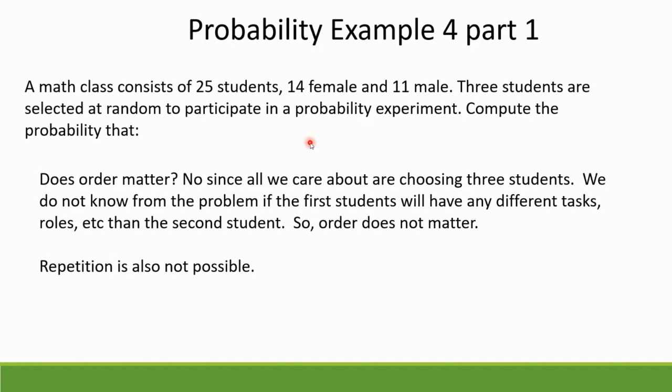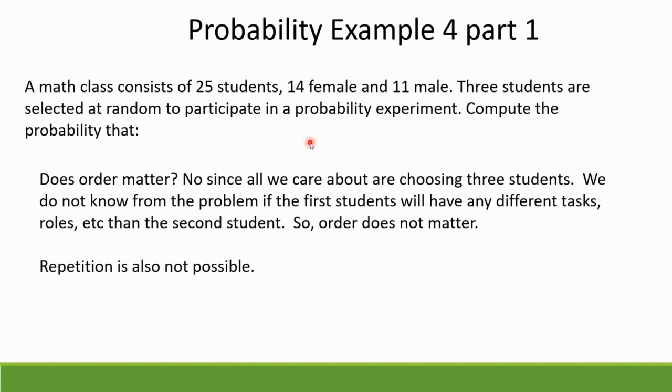It's not like those elections examples we did, where the first person chosen was president and the second person chosen was secretary. Nothing in the problem indicates that the first person chosen will have to do anything different than the second or third person.